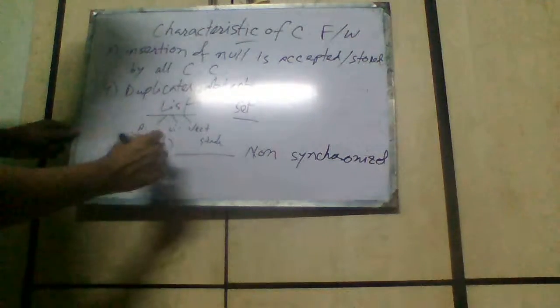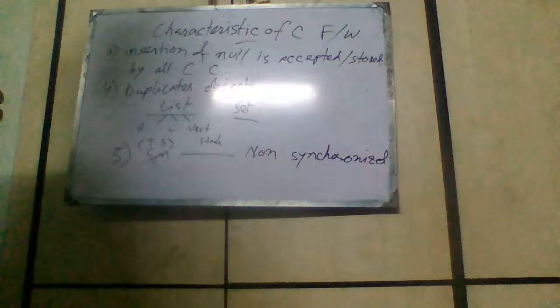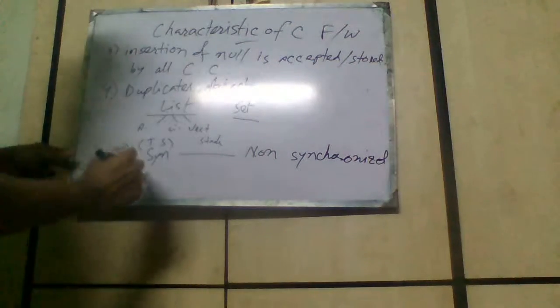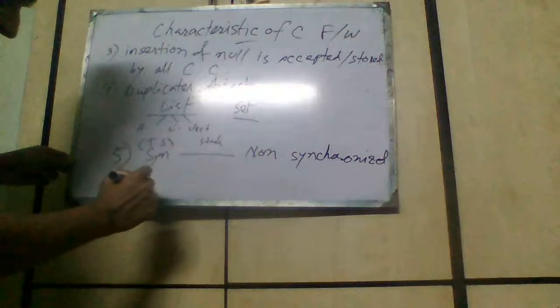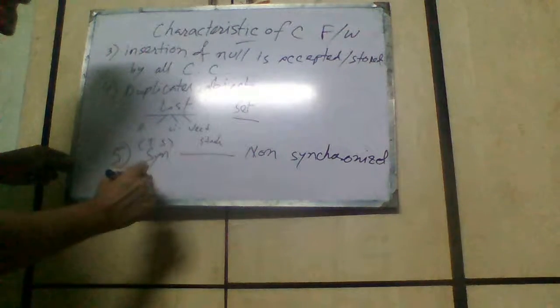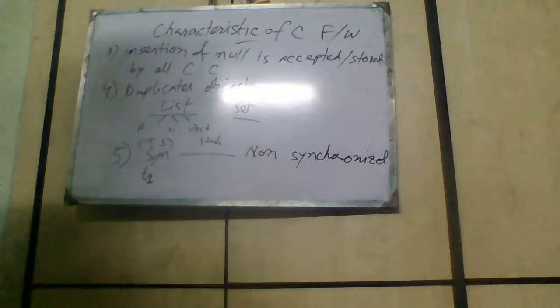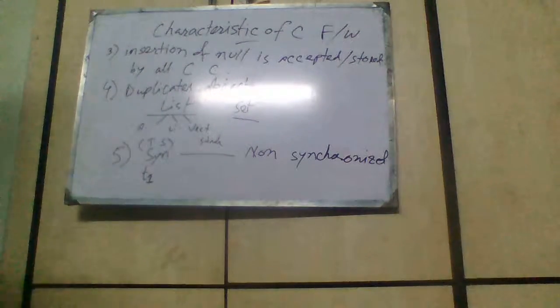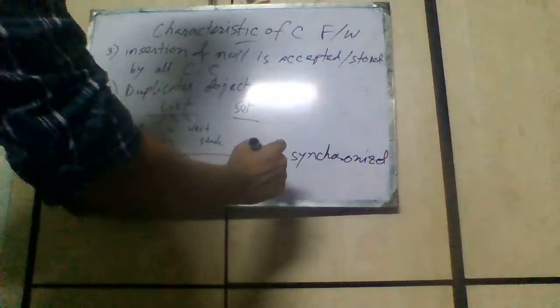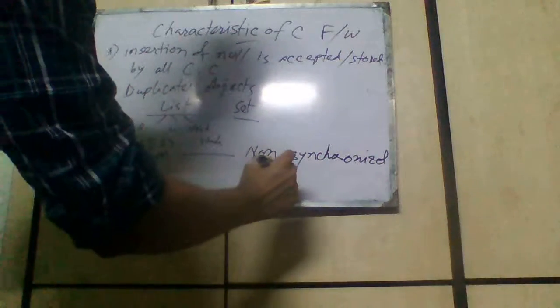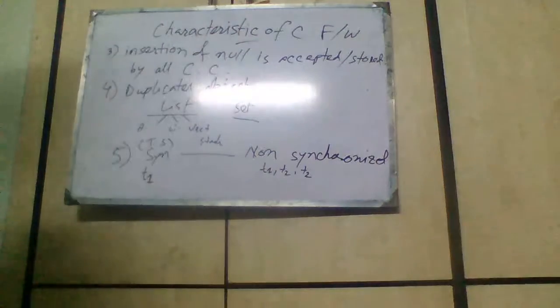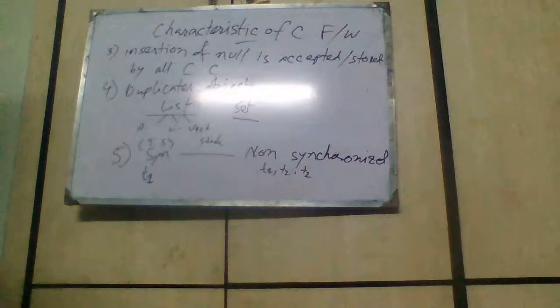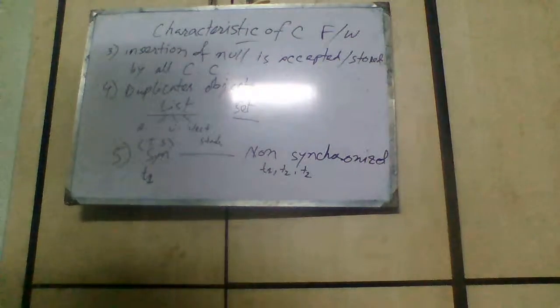Thread safe means an object can only be accessed by one thread at a time, and non-synchronized means multiple threads can access the objects simultaneously.